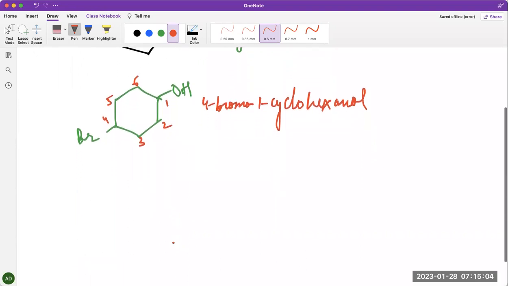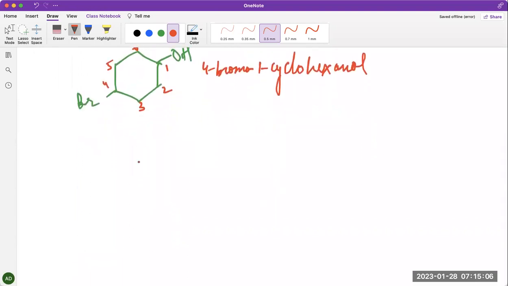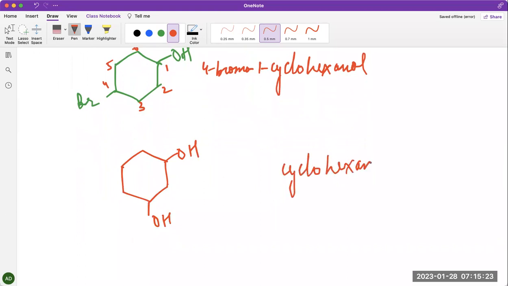Now let's see what happens if you have a structure where you have 2 OH groups. So let's take a look at that. Okay, something like this. Now in this structure, what is going on? You have the cyclohexane. That makes sense. This is cyclohexane, but we have 2 OHs.